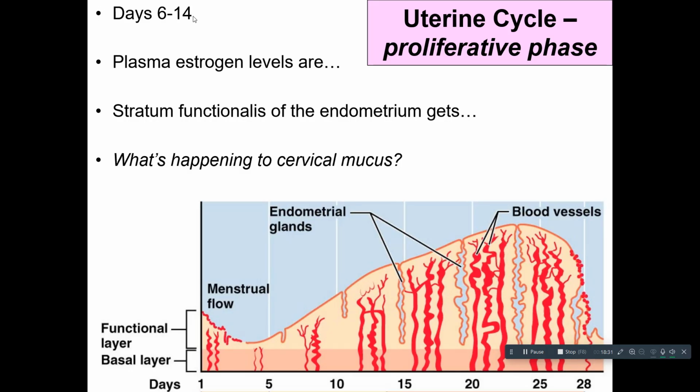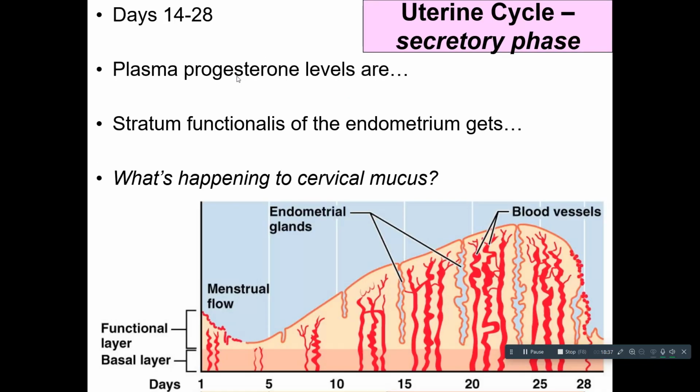Of course, remember on day 14, we have ovulation day. And then post-ovulation, we are in the uterus's secretory phase. And now progesterone levels are rising because we got a corpus luteum. The stratum functionalis is now getting even thicker and thicker. Look at the growth and elaboration of the blood vessels and glands, all in preparation for pregnancy.